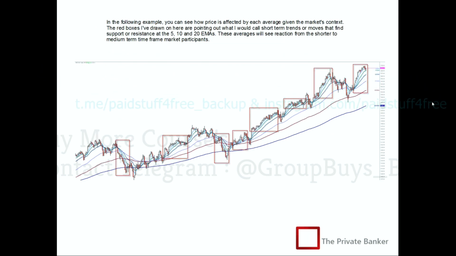So let's take a look at what the shorter term moving averages look like. Again, this is just the S&P Cash Index, but these boxed in areas are representation of where we would see shorter term traders reacting to the moving averages. So here we have prices trading above the 5, 10, and 20. In this particular example, the market was separated very far away from our moving averages.